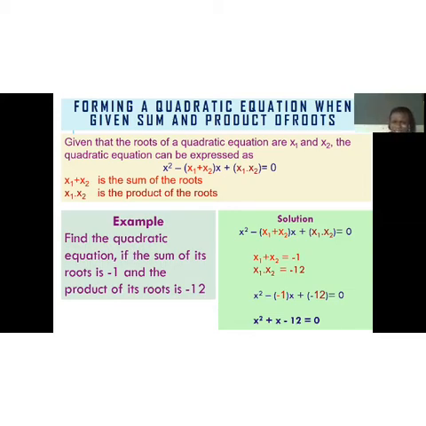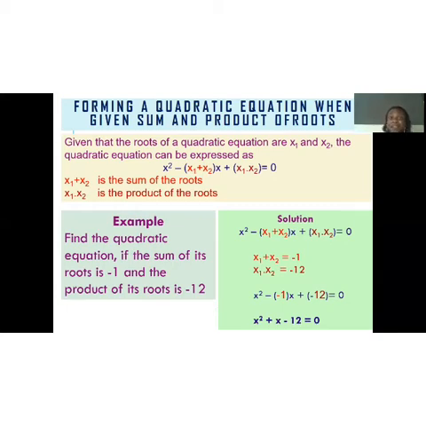Now you can see, I think this just takes a total of about four steps. In fact, it's not even so long. It's not so long at all. It's very easy, much easier even compared to the previous concept. So when you're given the sum of the roots and the product of the roots, remember this formula.